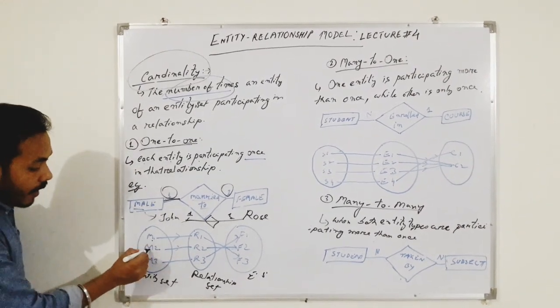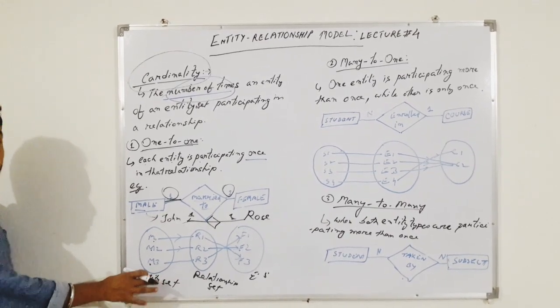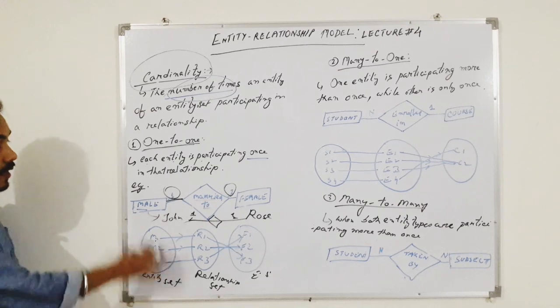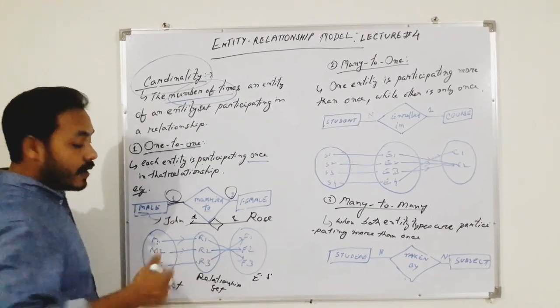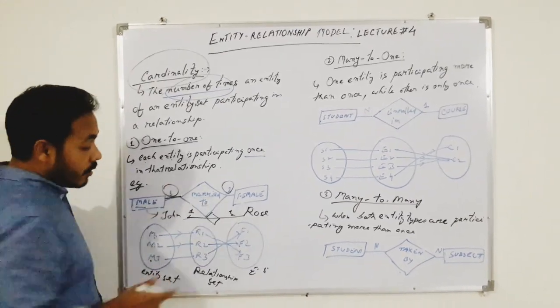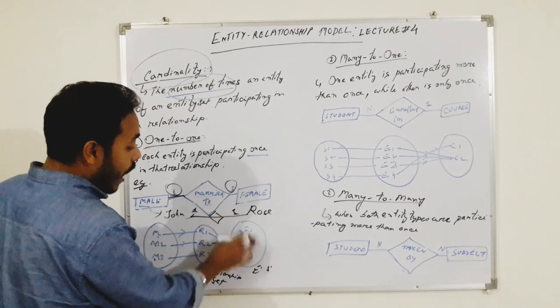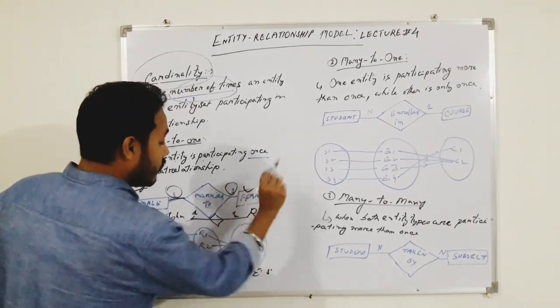See, male 1, male 2, male 3: they are different male entities of the entity set male. Similarly R1, R2, R3 are different relations of the same relationship, that is married to. Then F1, F2, F3 are different entities of the same entity set, that is female.